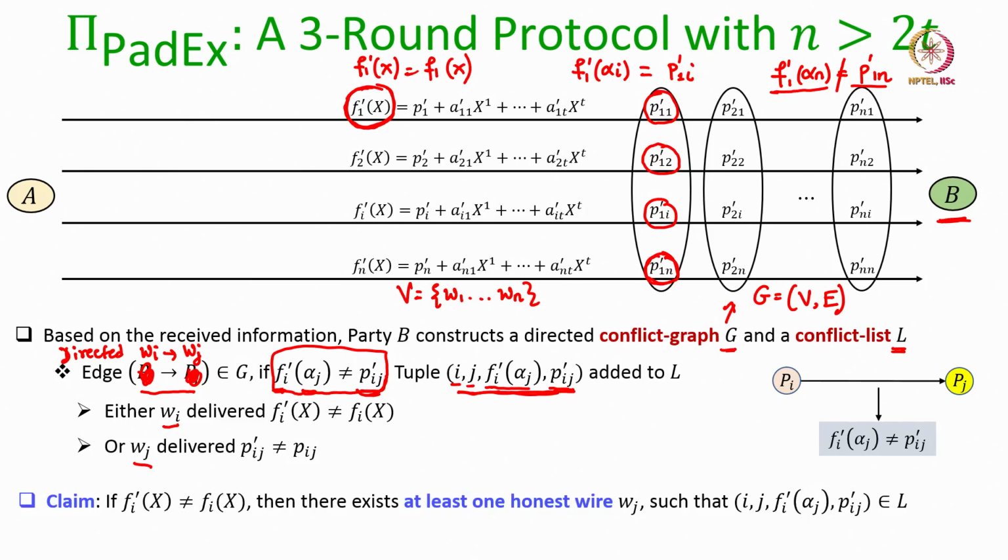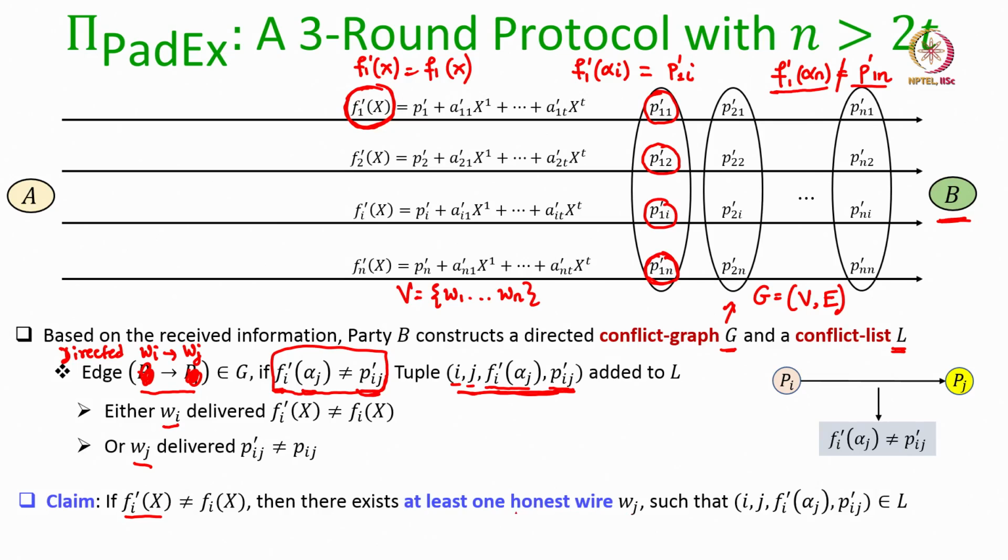Now, before we proceed, an important claim here is that if at all the ith wire has delivered an incorrect polynomial, that means the ith wire was corrupt, and the adversary has changed at least one of the coefficients of the polynomial, so that the received ith polynomial is different from the sent ith polynomial.